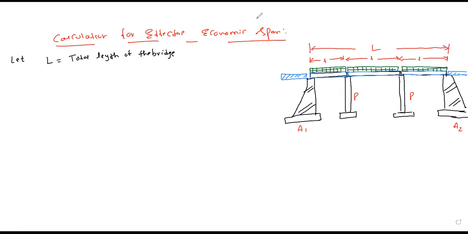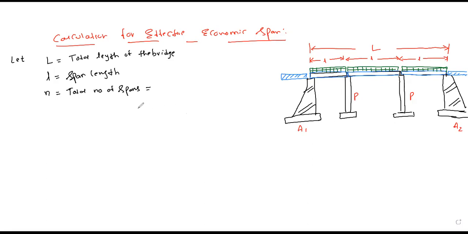Now let's write down the parameters. First, L is equal to the total length of the bridge. This is called capital L. And next, small L is equal to the span length. The center to center distance between 2 supports is called the span length. Next, N. N is nothing but the total number of spans.